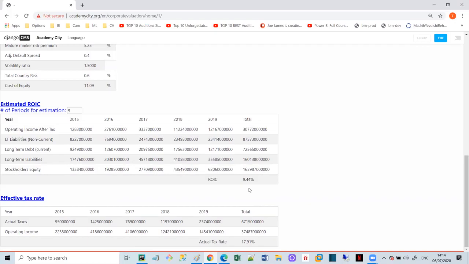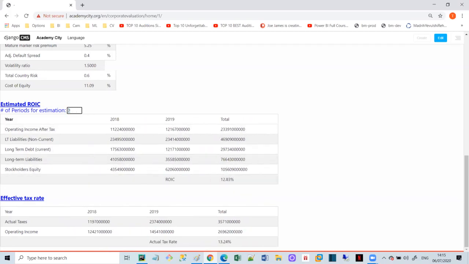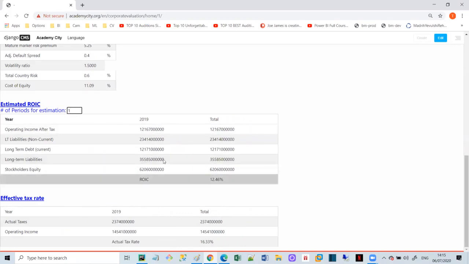Now, a way to check yourself: let's see if this one has changed over time. What if I move that to 3 years? Why is this higher? How about if I move that to only 2 years? Why is it even higher? That means that really Amazon starts stabilizing in the last 3 years.